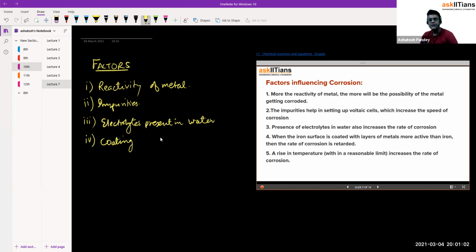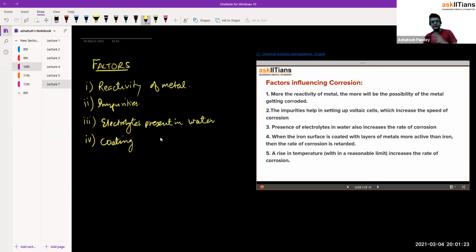Then next, does a rise in temperature increase the rate of corrosion? Yes, obviously. If the temperature rises, the rate of reaction also increases, because at elevated temperatures the speed of reaction increases with the increase in temperature.